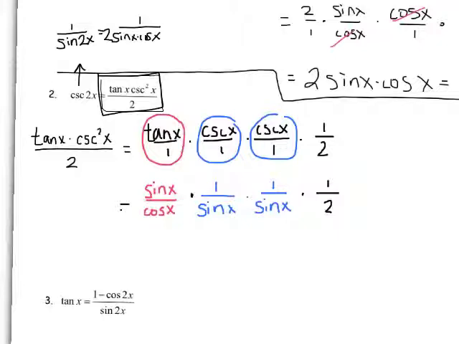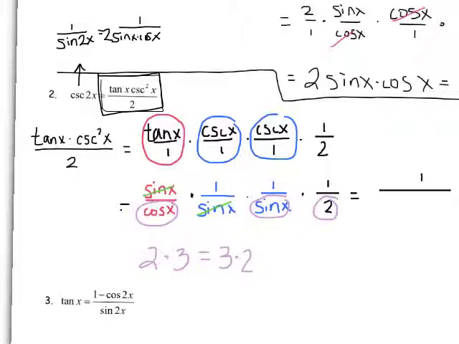All right, so I can see that I have a sine on top that'll cancel with a sine on bottom. And that's all I can do for canceling. So what do you have left on top? Well, you have a 1 on top. And then on bottom, take a look: you have a cosine that's going to multiply a sine that's going to multiply a 2. And keep in mind, when you multiply, the order doesn't matter. 2 times 3 is the same thing as 3 times 2.